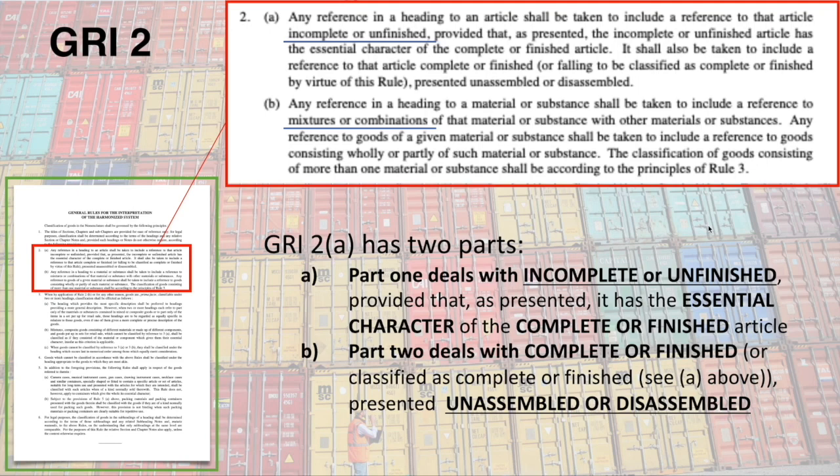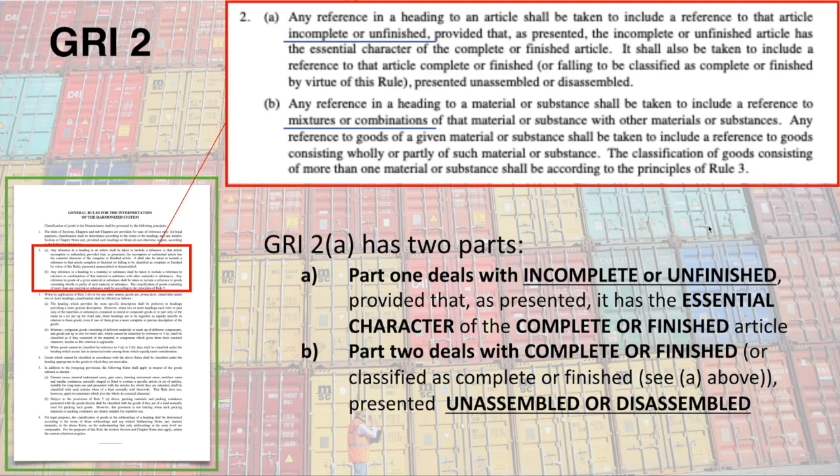This first part, letter A, extends the scope of any heading which refers to a particular article to cover not only the complete article but also that article incomplete or unfinished, provided that as presented it has the essential character of the complete or finished merchandise.